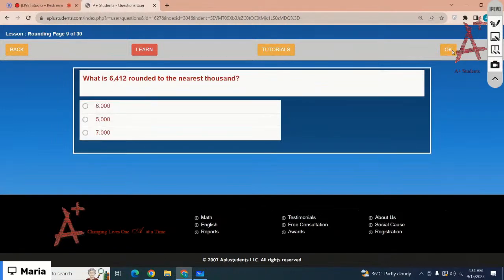What is 6412 rounded to the nearest 1000, which is the correct option?